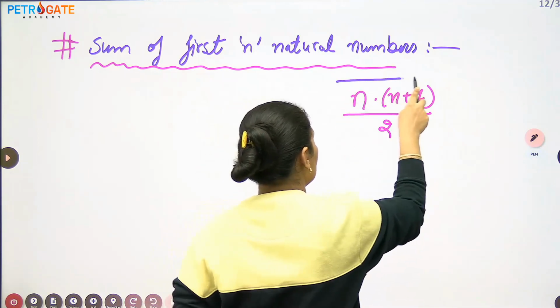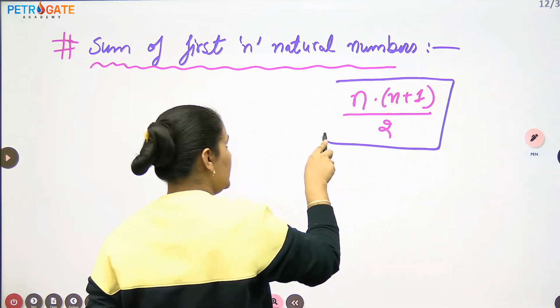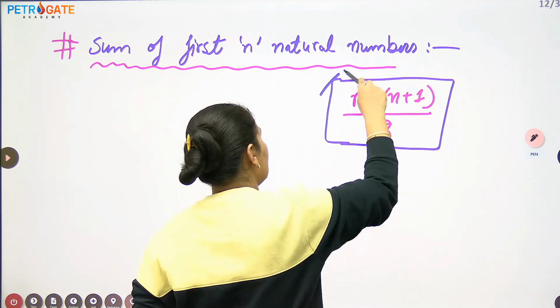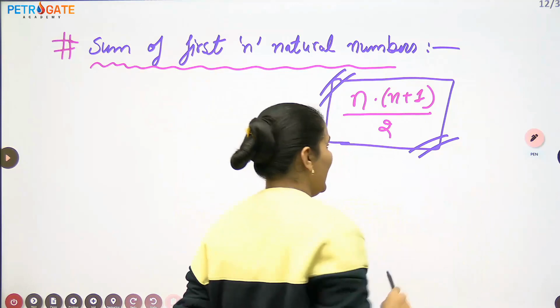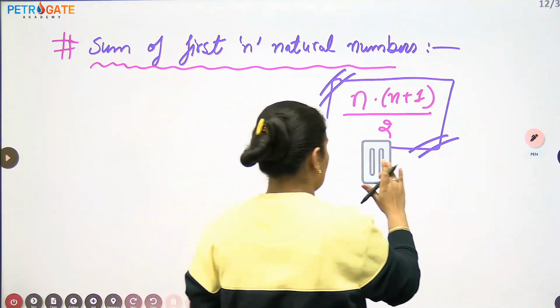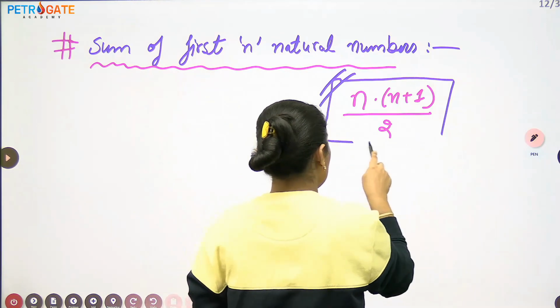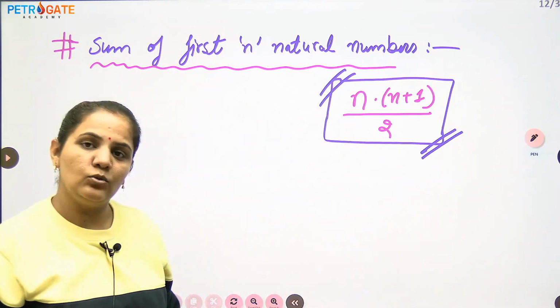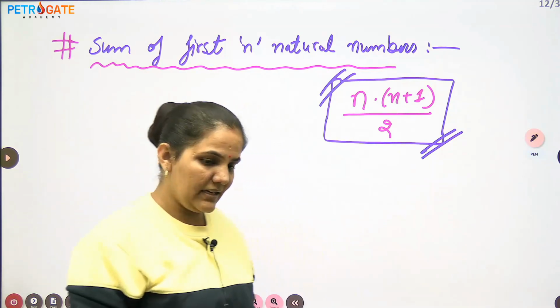Since childhood we used to learn and apply this formula many times. The sum of n natural numbers is nothing but n(n+1)/2, my dear students. Clear? Yeah, clear. All right.